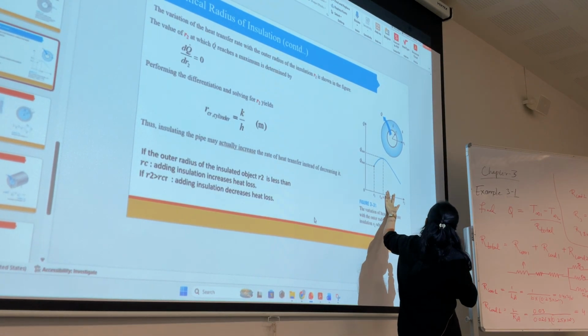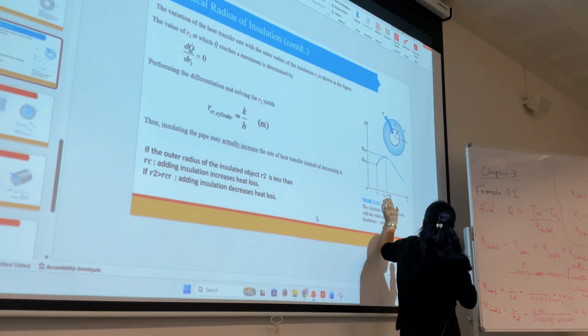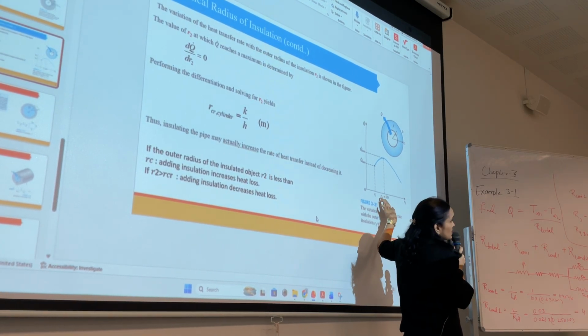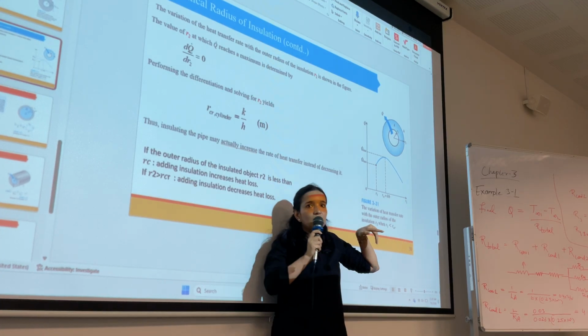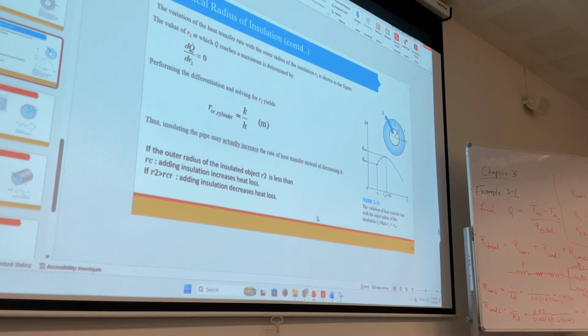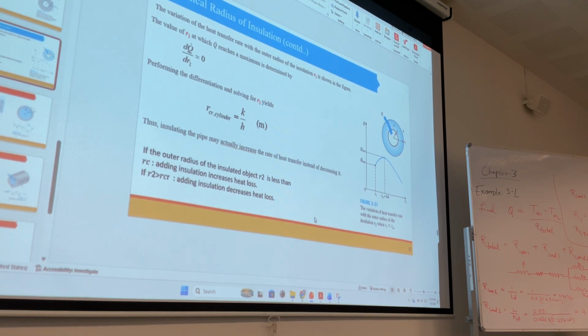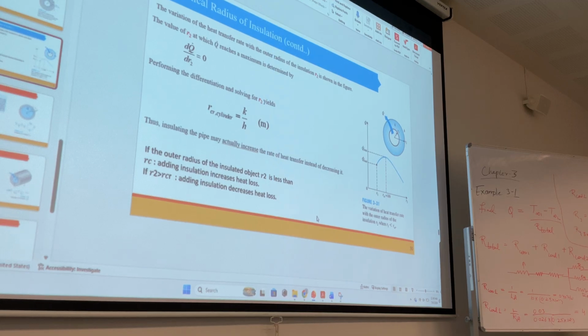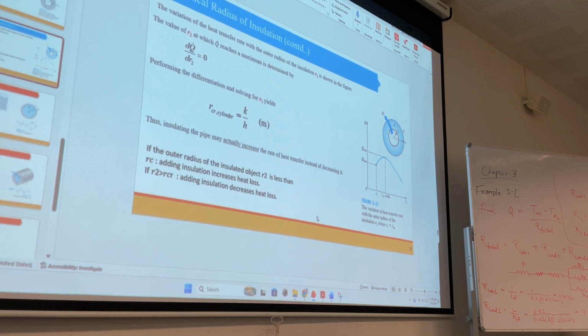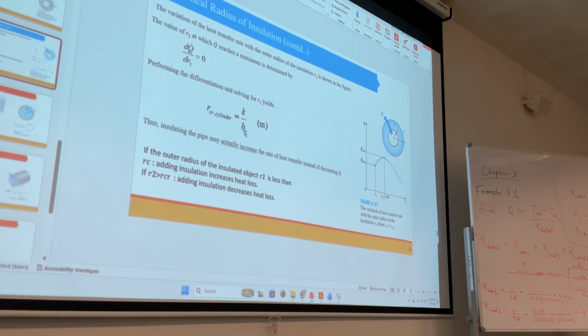If you keep applying the insulation beyond it, your heat transfer will reduce. So you have to find out this value, R critical, the critical radius. Just understand the concept, it's not numerical heavy. You can find it simply by using the thermal conductivity and convection.